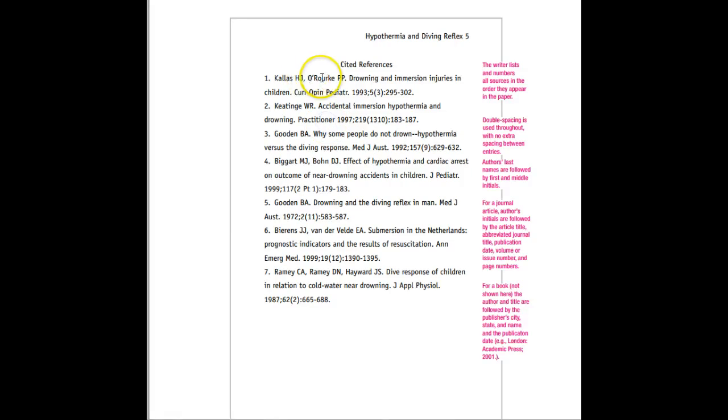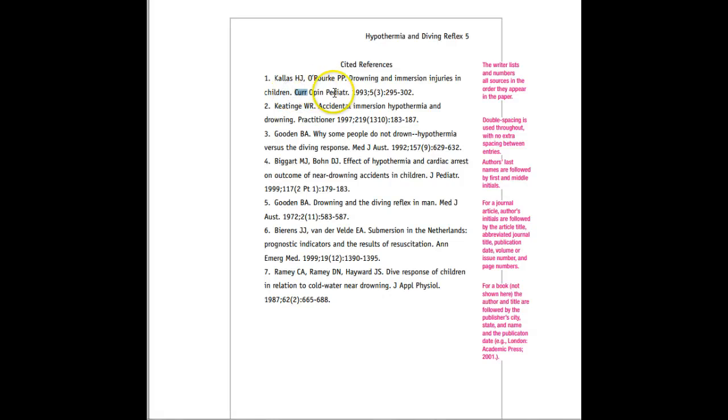Then we have a comma, and then we have the second author, O'Rourke, and then the initials P and P. Notice the title, Drowning and Immersion Injuries in Children. Notice again that, like APA, only the first word is capitalized. All subsequent words in the title are in lowercase, not capitalized unless it is a proper noun.